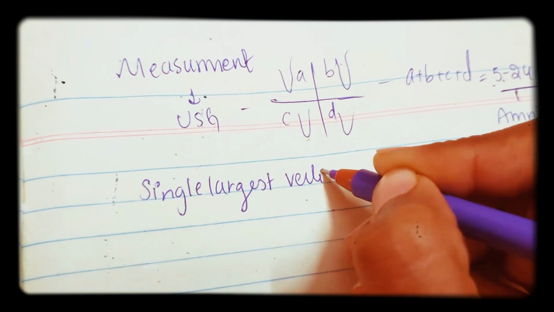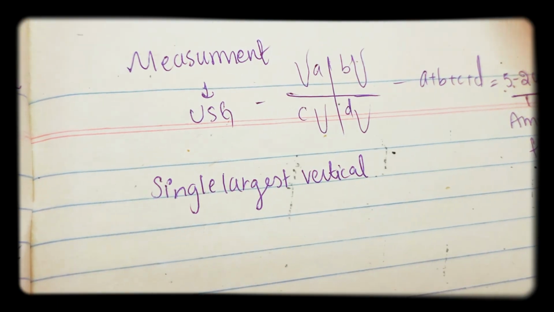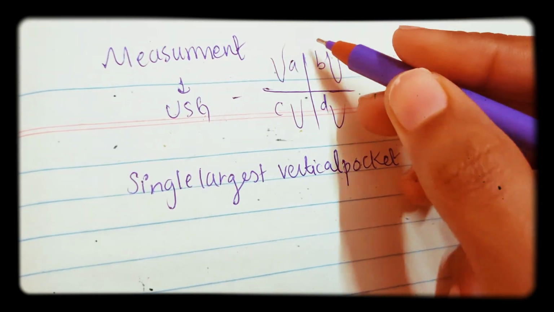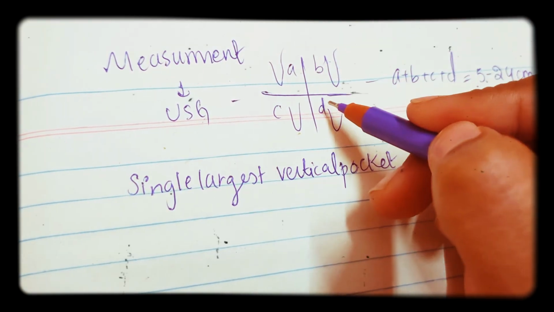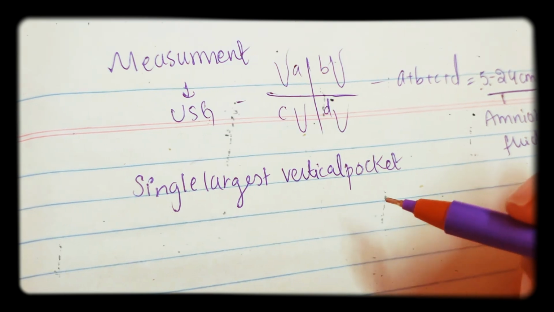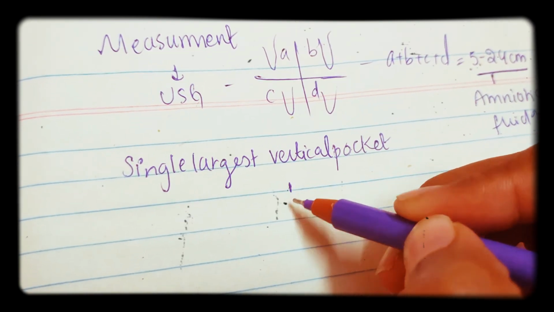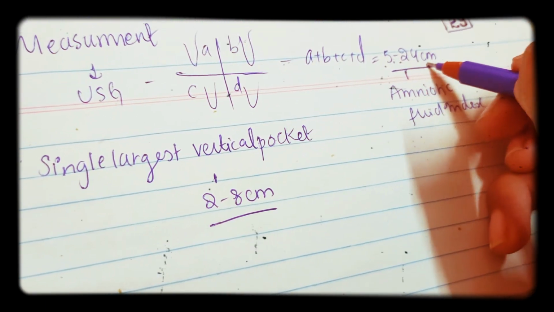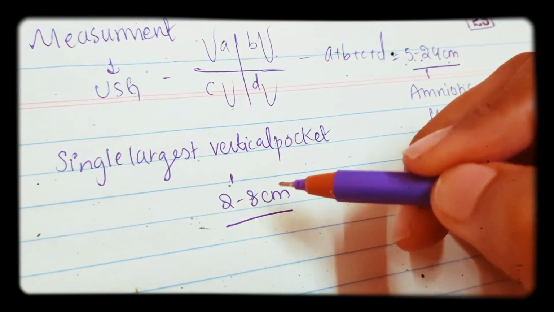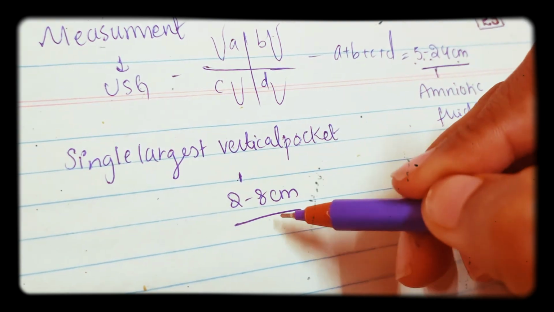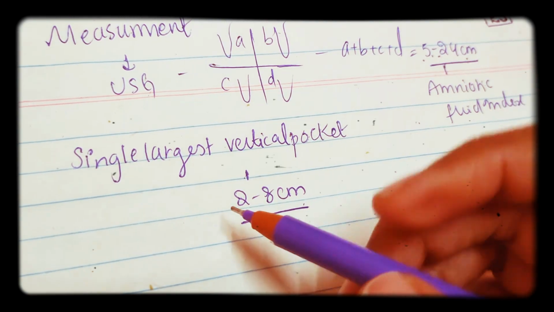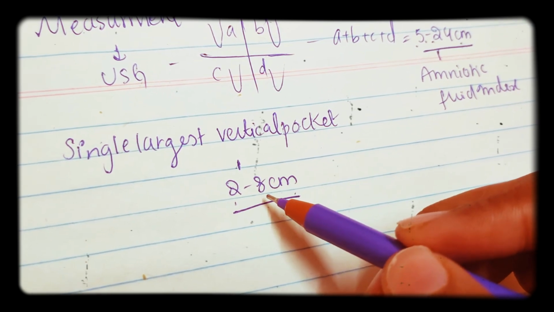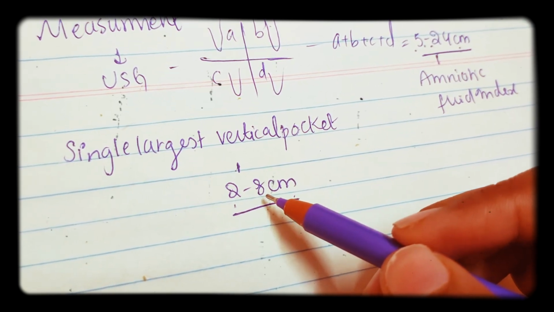Single largest vertical pocket is the same theory, but in the case of twin pregnancies, among all these 4 quadrants we will choose only one single, the most vertical pocket, and its value will be overall 2 to 8 centimeters. There it is 5 to 24 centimeters because we have added everything, but here only the single longest vertical pocket, so 2 to 8 centimeters. So here also, if the value is less than 2, oligohydramnios, greater than 8, polyhydramnios. So that is the same.